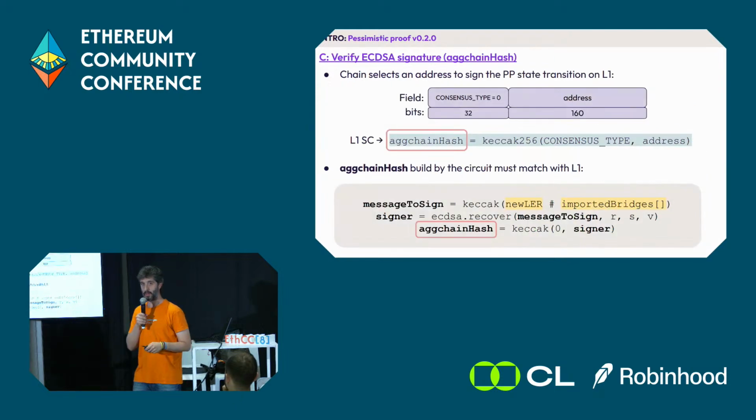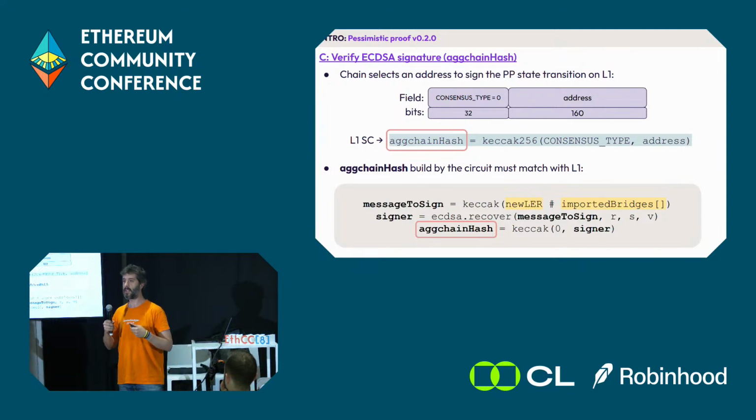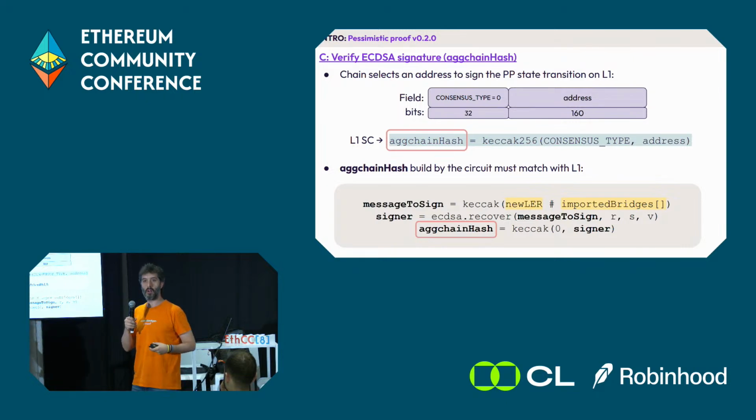And let's go for the third one. In a layer 2, if you have an initial state and you want to go to the final state, who can basically propose the transactions as data availability in order to move from the initial to the final state? So this is basically the sequencer. And here it happens the same. Who is able to move forward on the state transition on the pessimistic proof?